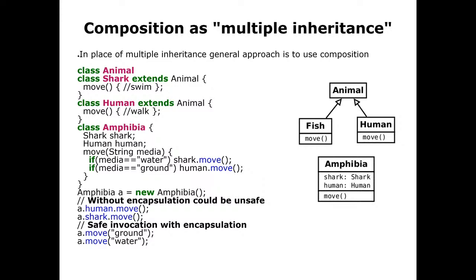In place of multiple inheritance, you can use composition. That's what we were just discussing. So if you have the class animal, the base class, then you have the class shark and the class human, both of them extend class animal, and you have the class amphibia with two parameters.